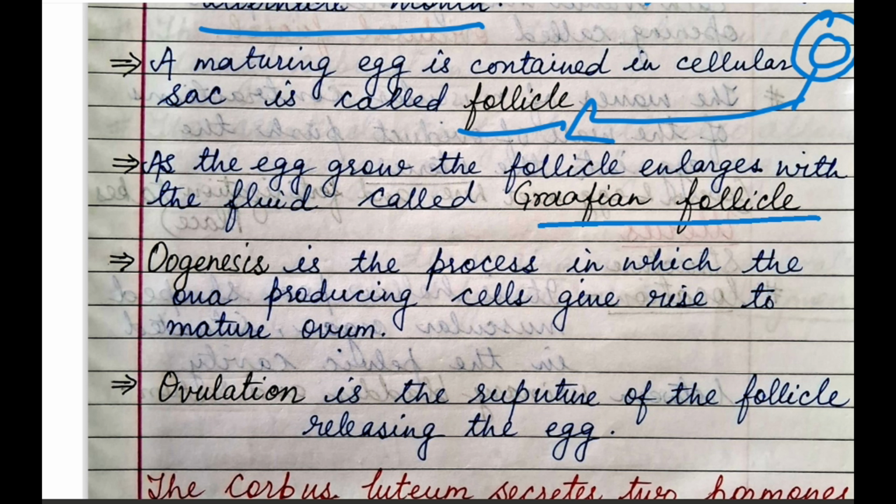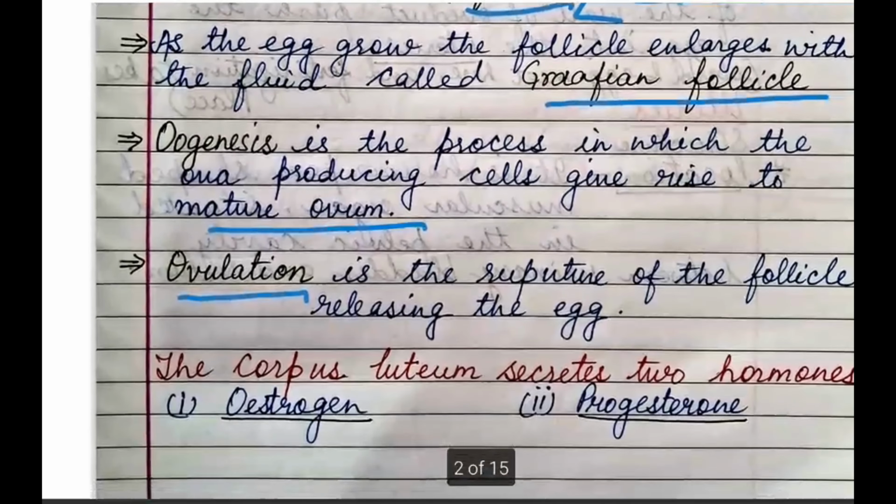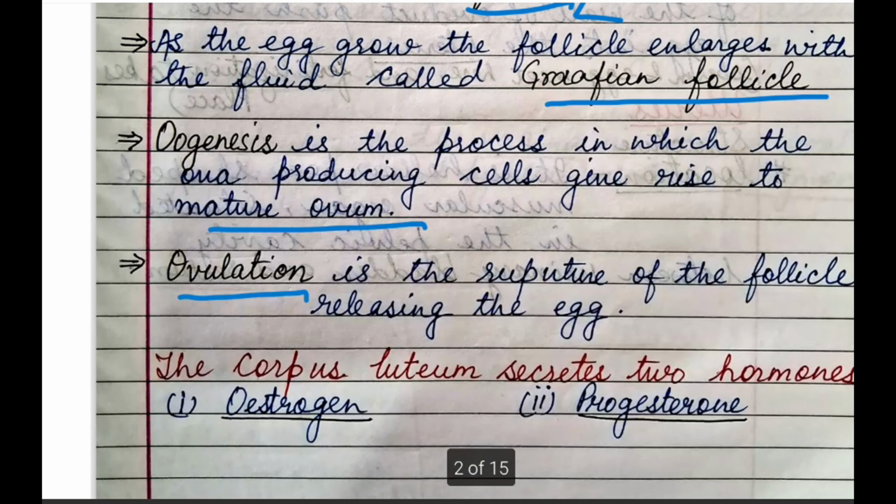Now oogenesis. What is oogenesis? It is the process in which the ova producing cells give rise to the mature ova. Now ovulation means the follicle will rupture and release the egg, which is now ready to get fertilized. Now what is the corpus luteum?